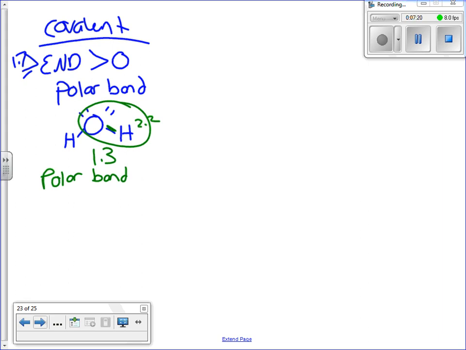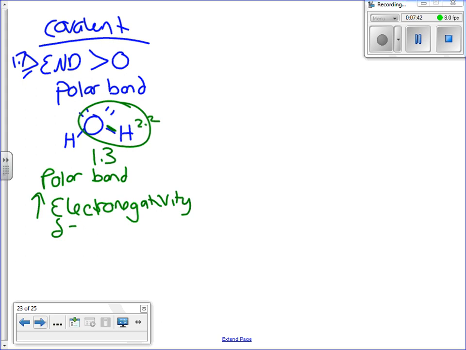Ionic bonds are not polar, they're ionic. Okay, so covalent is the only one that's split between polar and nonpolar. We have a polar bond. The one that has the higher electronegativity is stronger. So he's going to get the electron more and become partially negative.